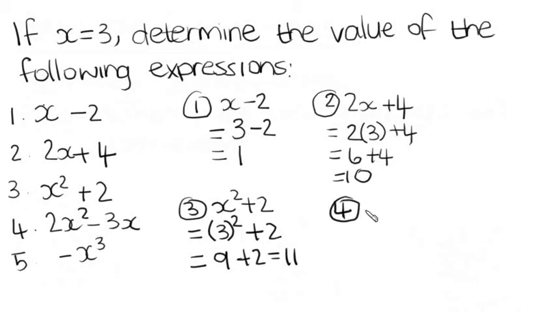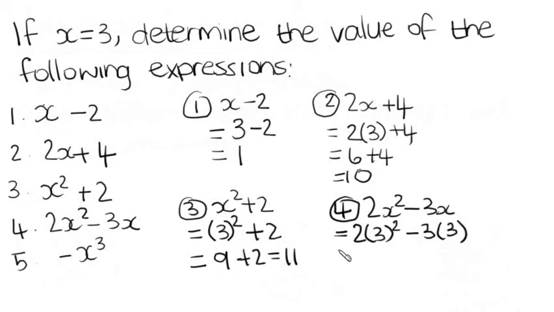If we look at number 4, I have 2x to the power of 2 minus 3x. Okay, so I write my 2 down, open brackets 3, close brackets, exponent 2 minus 3, open bracket 3, close bracket. Right? Like I said before, I'm going to multiply those two together, I first need to find the value of x to the power of 2.